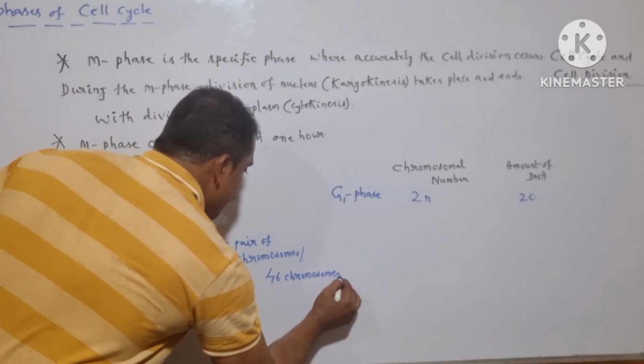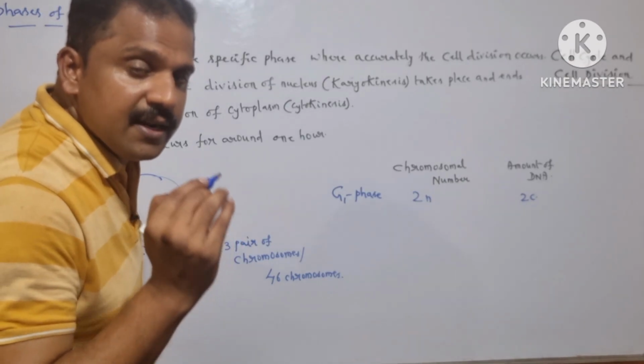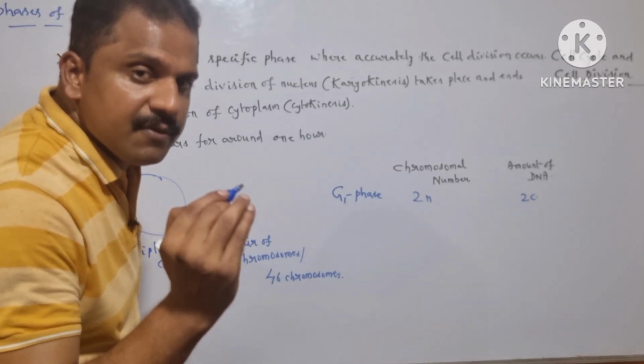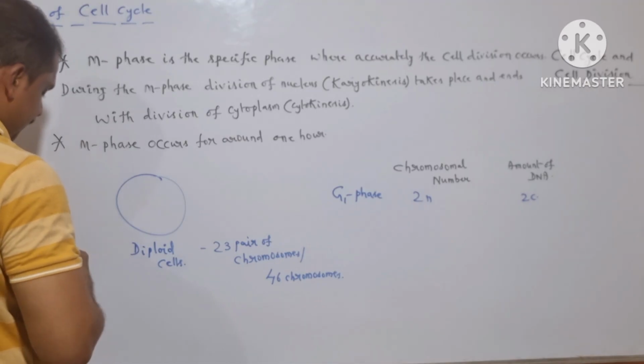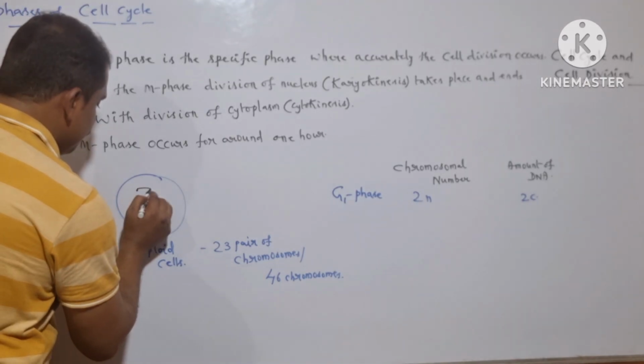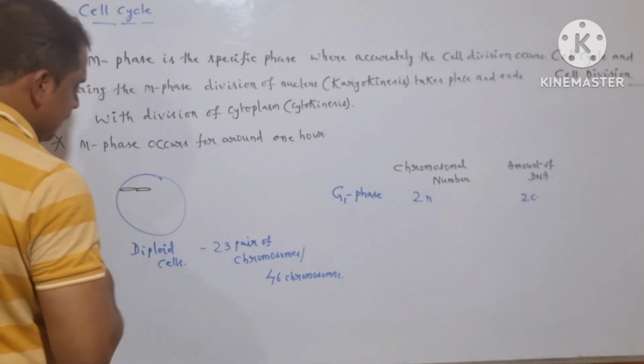Out of the 46 chromosomes, 23 chromosomes are from the father and the other 23 chromosomes are from the mother. So let us assume this is the father chromosome and here it is the mother chromosome.